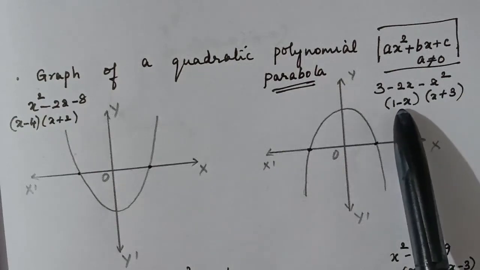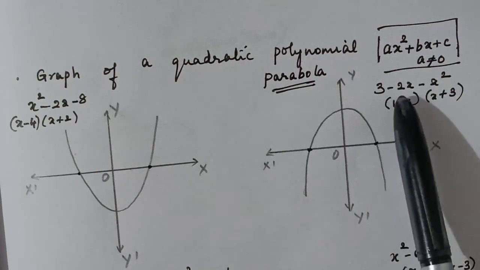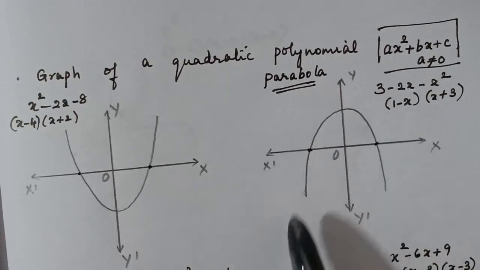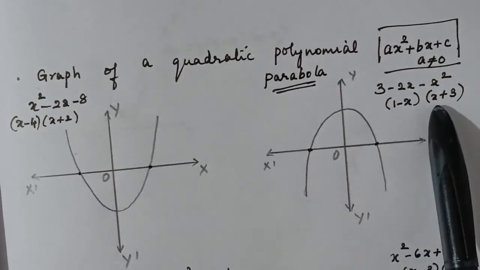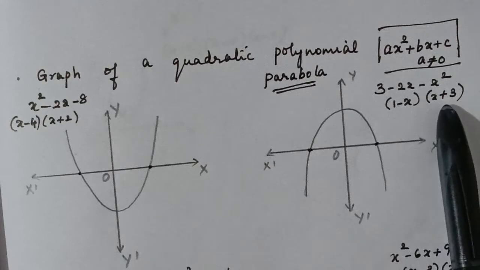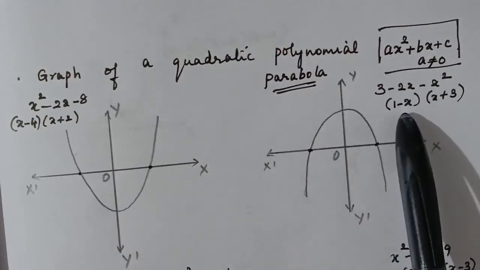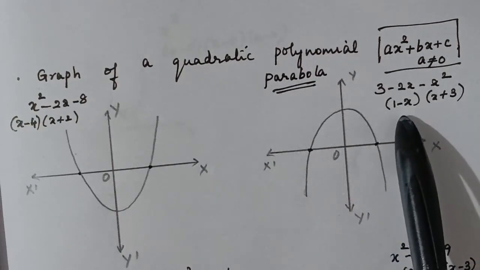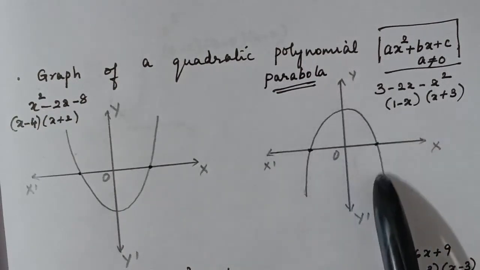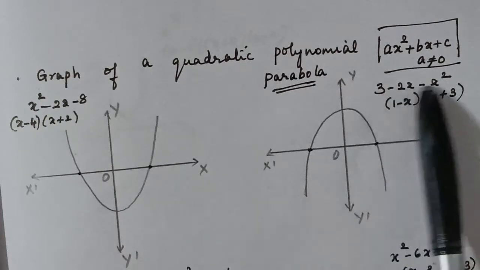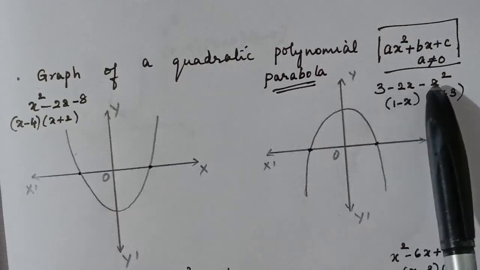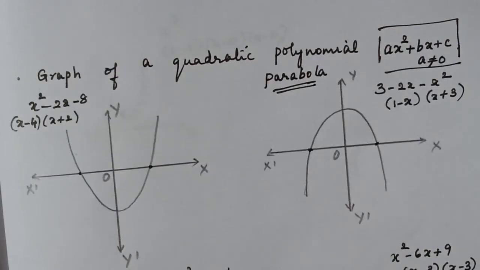After factorization we can write it as 1 minus x into 1 plus x plus 3. So one zero is x equal to minus 3 and the other zero is x equal to 1. So we will get a shape like this if you draw the graph of this polynomial 3 minus 2x minus x squared.